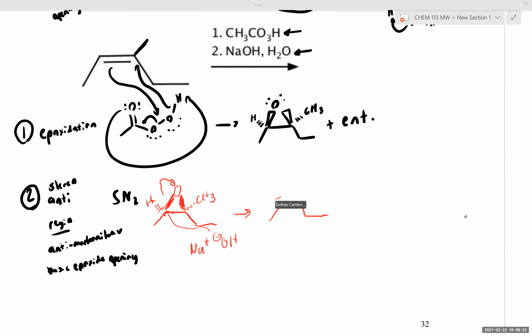So let's draw out our trans diol product. And remember, when you're dealing with an acyclic system, it's really important that you keep the main chain consistent, as drawn. That's good. Our alcohol installed via our nucleophilic attack is installed on the bottom face, exactly right.